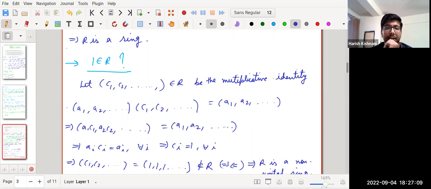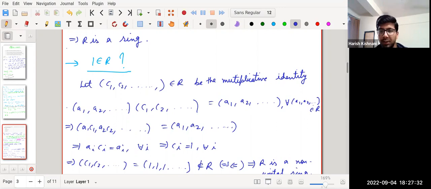If there exists such an element, then what happens? Then you should have (a1, a2, ...) multiplied with this (c1, c2, ...) to be again (a1, a2, ...), right? And this should hold for all (a1, a2, ...) inside R.